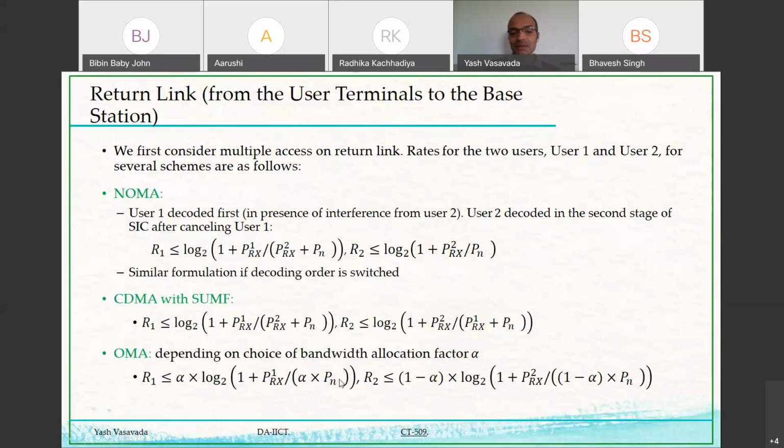Furthermore, the PN term itself is getting reduced by the factor of alpha for user 1 and 1 minus alpha for user 2. So this quantity is actually much better. It's even better than NOMA. The noise power does not have any interference at all. Plus the PN term itself is getting reduced.